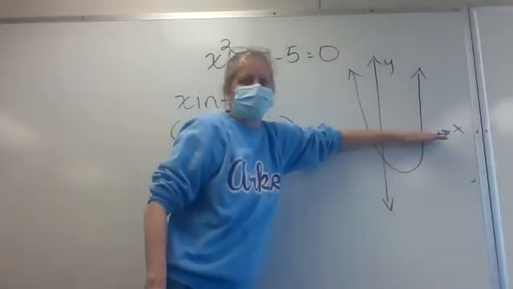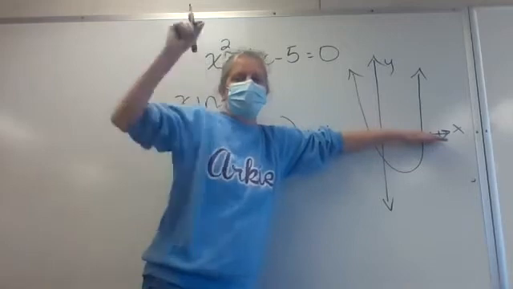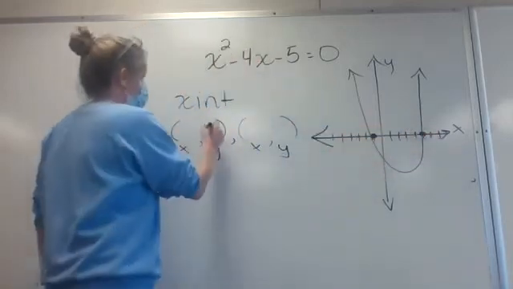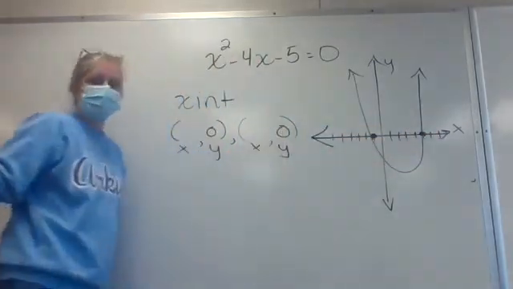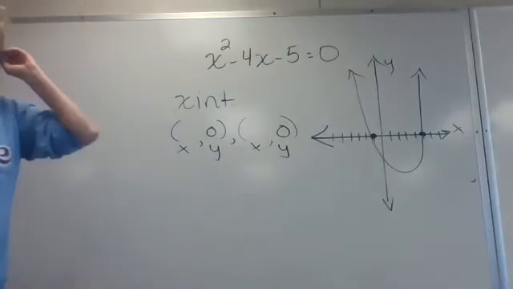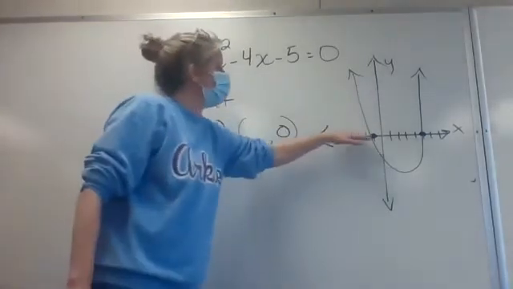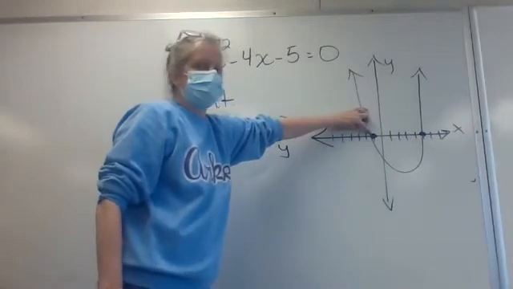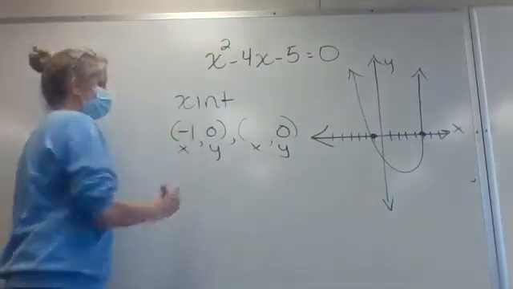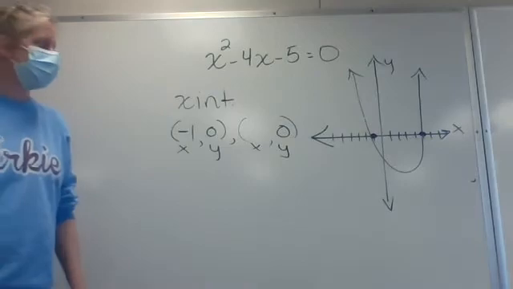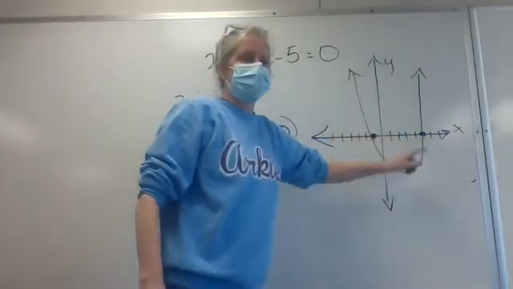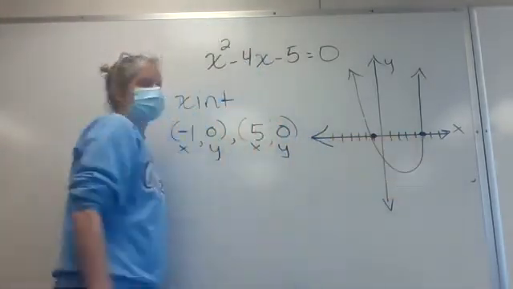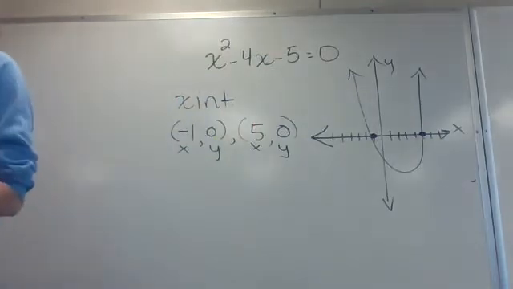That's what's keeping it on the x-axis, is it's not moving up or down, which makes it an x-intercept. So both of the y's will be 0s. Then your x's are going to be where they cross the x-axis. This one crosses at -1, so that one's at -1, 0. This one crosses at +5, so that one will be at +5, 0.